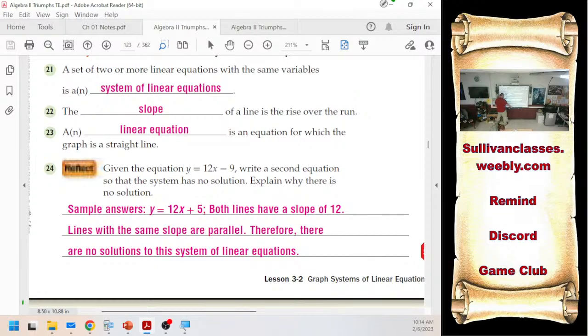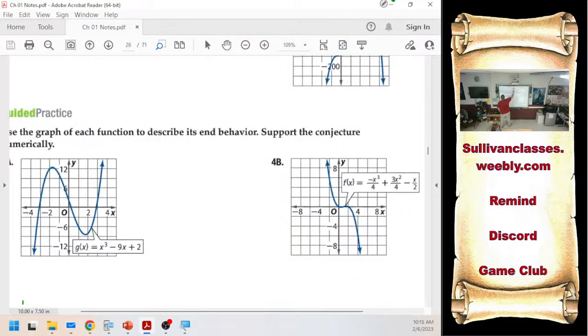So you could have written y equals 12x plus anything. You could have said 12x plus a million. You could have said 12x minus 11,000 pi. Now you could have done whatever. As long as it's got a 12x in there, you're good. Okay? So, we got to go through the stuff to make sure that we know what we're doing.